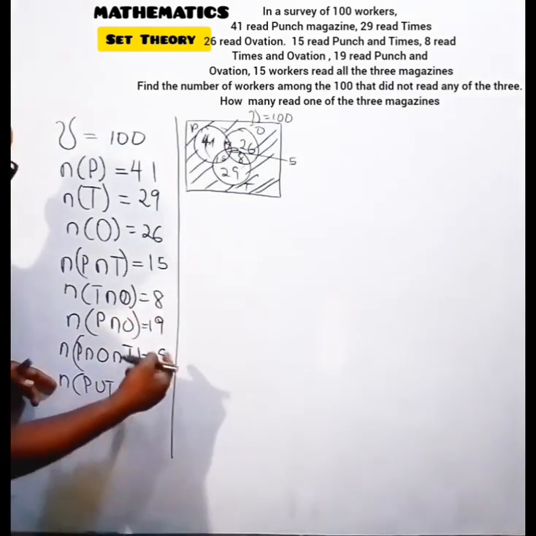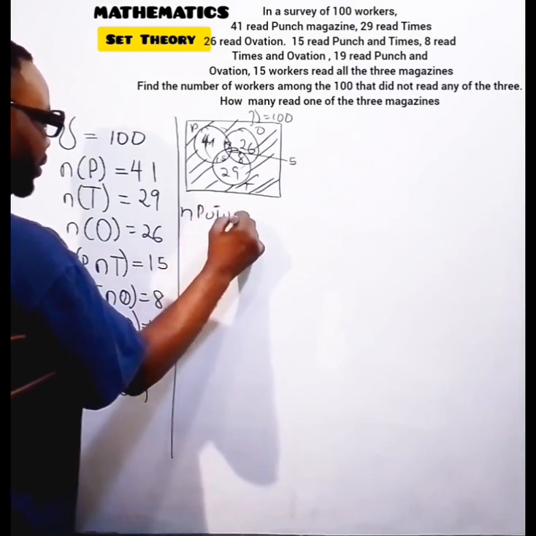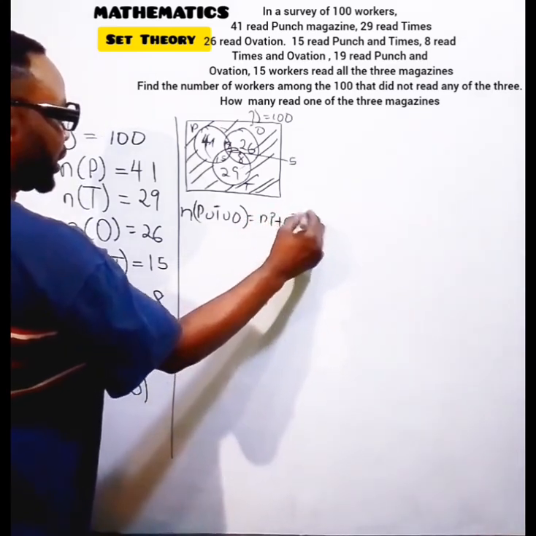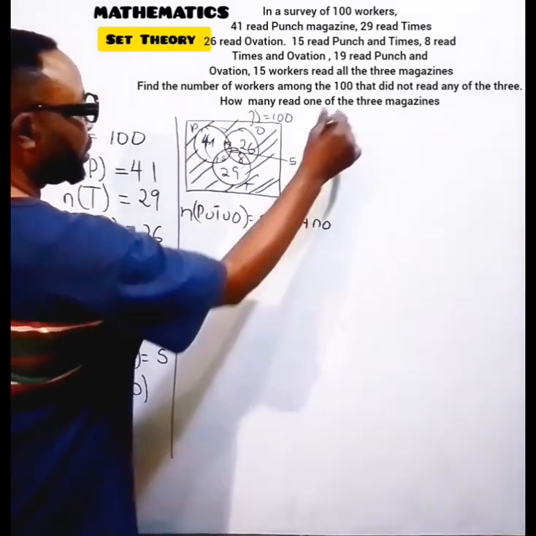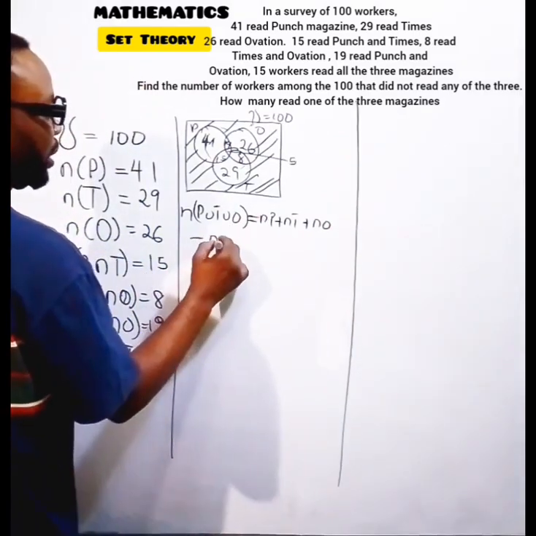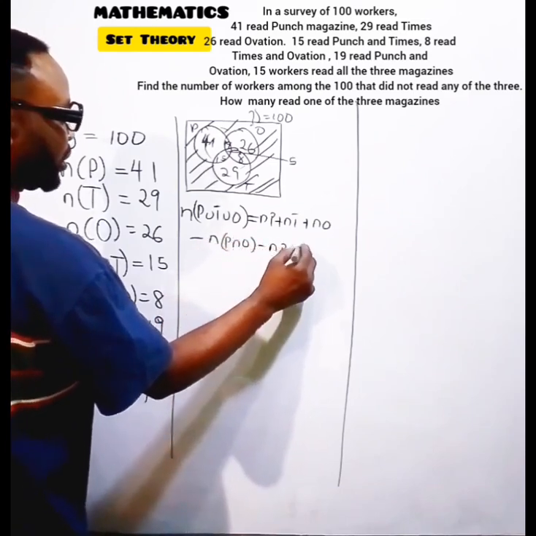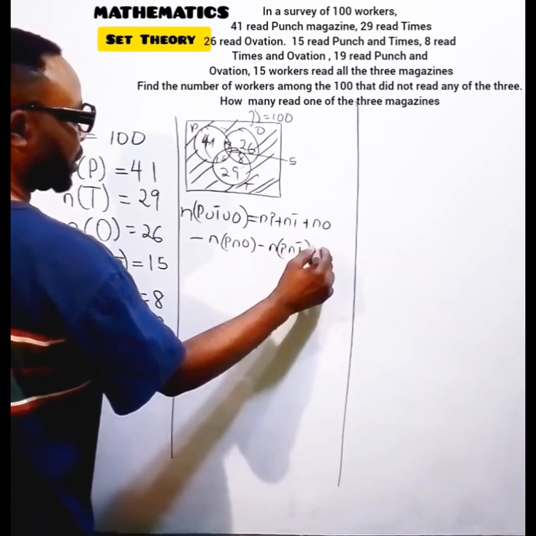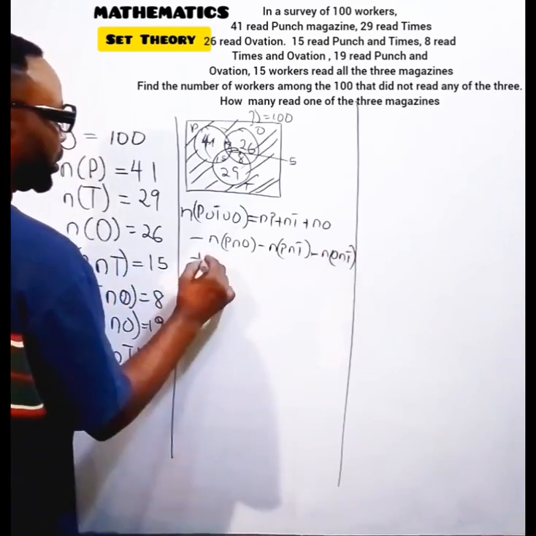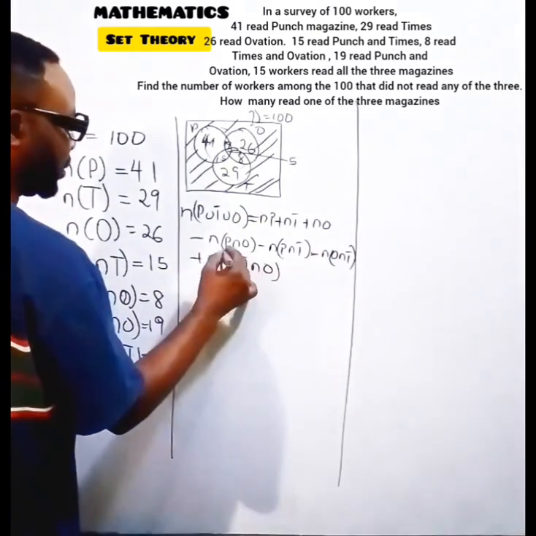So I can now say that the number of Punch union Times union Ovation will be equal to the number of Punch plus the number of Times plus the number of Ovation, minus the number of Punch intersection Ovation, minus the number of Punch intersection Times, minus the number of Ovation intersection Times, plus the number of Punch intersection Times intersection Ovation.